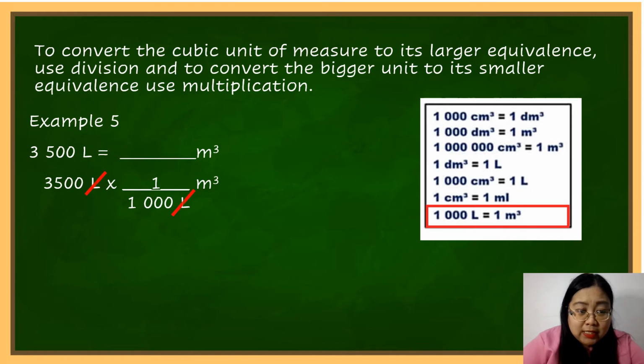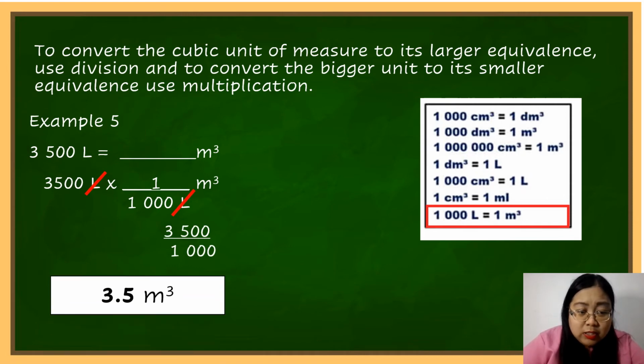First, we're going to cancel liters. And then 3,500 times 1 is 3,500 divided by 1,000 is equal to 3.5 cubic meters. So the answer is 3,500 liters is equal to 3.5 cubic meters.